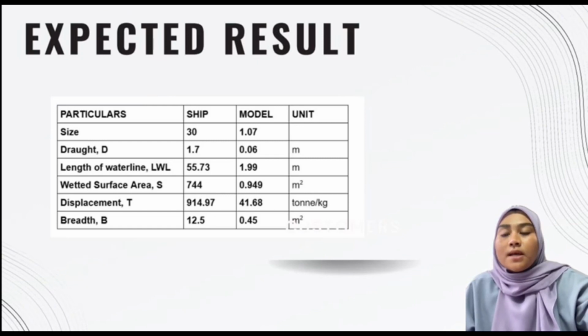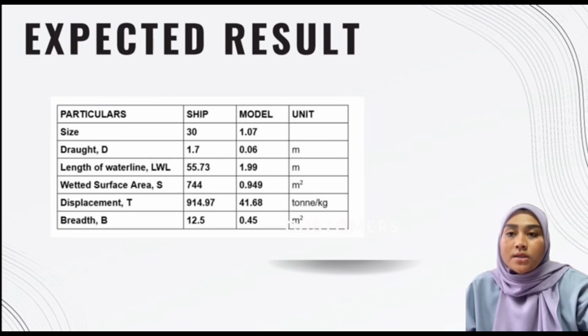So, in this table is our particular data. The size for the ship is 30, model A107. Draft for the ship is 1.7, while the model is 0.06. Length of waterline for the ship is 55.73, and for the model is 1.99.